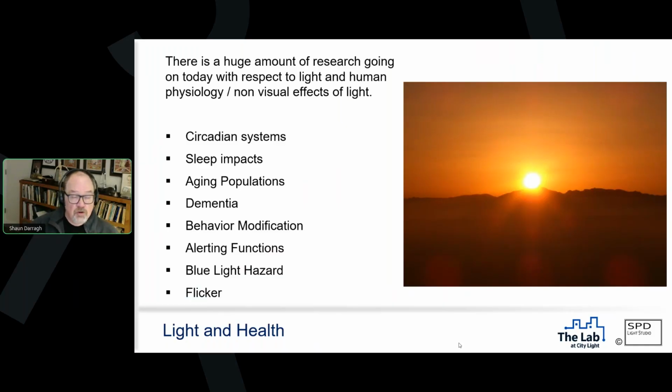So enormous amounts of research are going into this. We've learned a lot. We don't know everything. Unfortunately, getting deeply into this class would really be a bit beyond the purview of today, but understand that it's going on and that research into light and health and light and psychology, physiology is continuing, and it's not new, right?